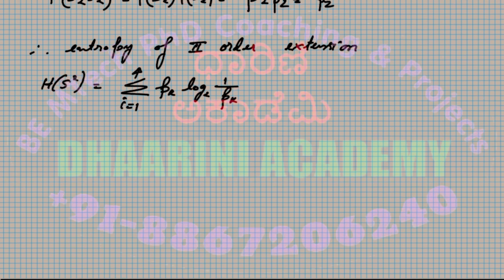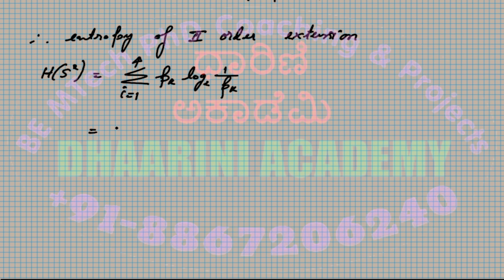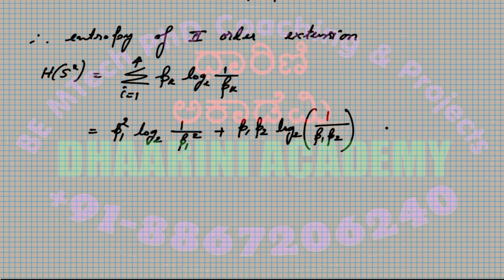Let's expand them. The first set of symbols is S1 S1. Their probability is P1 squared, log to the base 2 of 1 divided by P1 squared, plus the second, S1 S2, with probability P1 P2 into log to the base 2 of 1 divided by P1 P2.